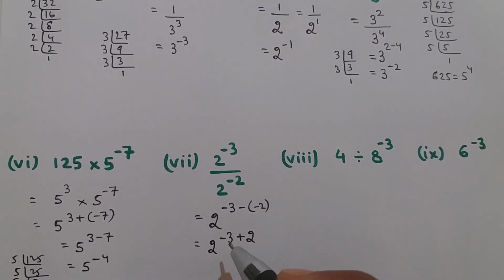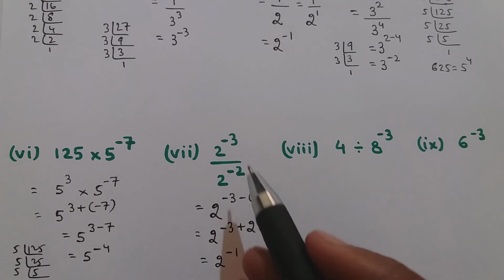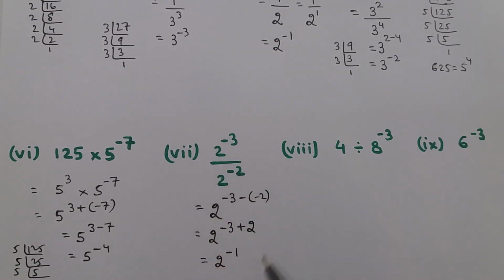So 2 raised to the power minus 3 plus 2, which is 2 raised to the power minus 1. So 2 raised to the power minus 3 upon 2 raised to the power minus 2 can be written in the power of 2, and it is 2 raised to the power minus 1.